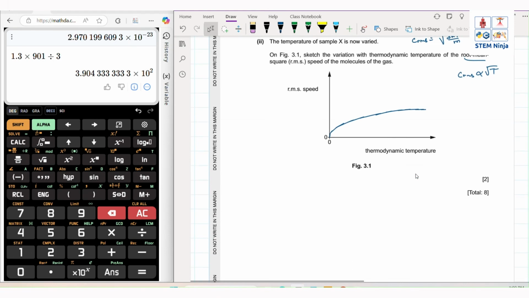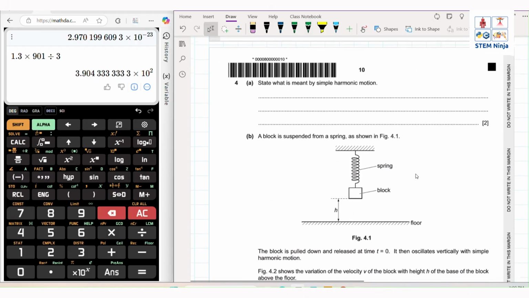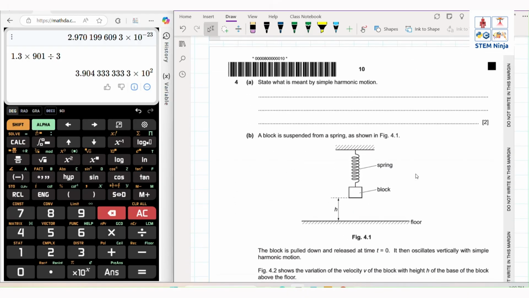All right, moving on to the next question. State what is meant by simple harmonic motion. So the defining equation of simple harmonic motion we already know is a equals minus omega squared x, which means acceleration is proportional to displacement from a fixed point and is always directed towards it.